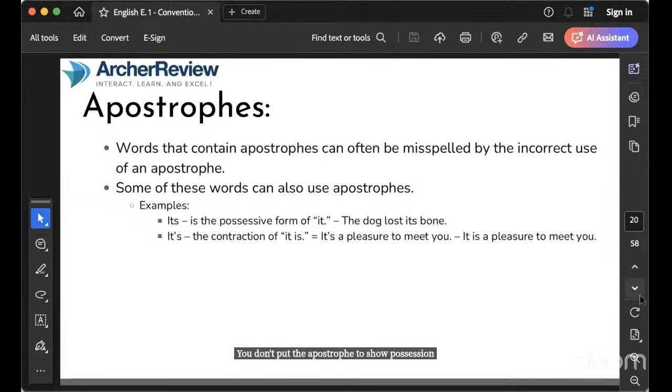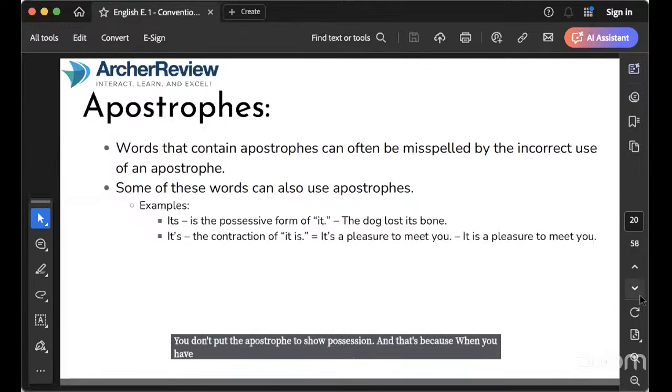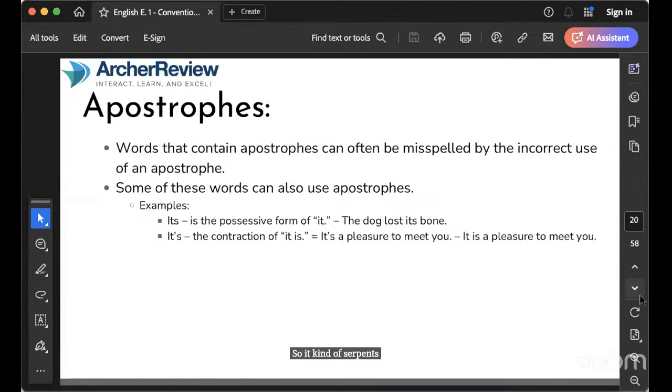And that's because apostrophe S's can also be used for contractions. And with the pronoun it, when you use the apostrophe S, it's a contraction for it is. So it kind of supersedes the possessive ability, and that's why its is showing possessive form.